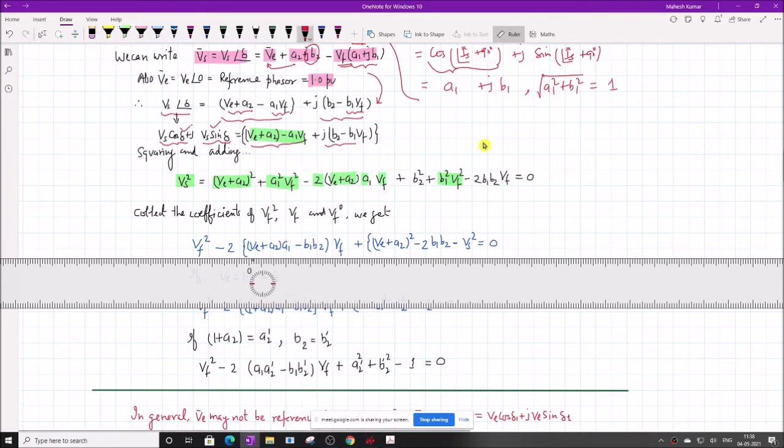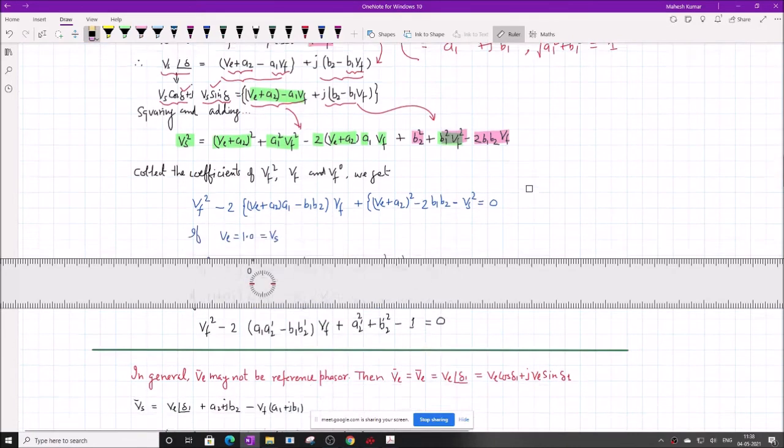This is the square of this term. Then the square of this becomes B2 square plus B1 BF square minus 2 B1 B2 BF. Equal to 0 will not come here because the equal sign is already on the other side.